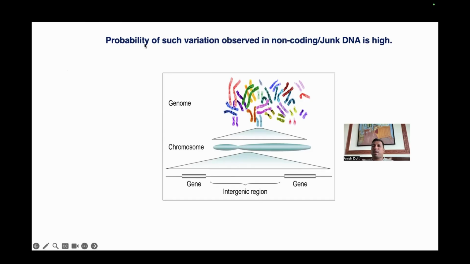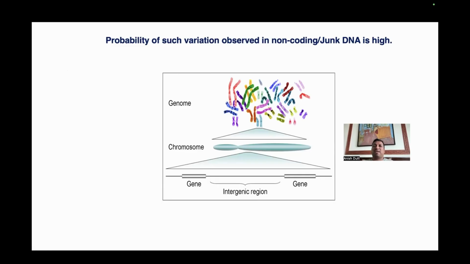Let me tell you that the probability of such a mutation being observed in non-coding or junk DNA is very high. You know why? Because if mutations or variations take place in the gene, they obviously affect the phenotype, and when they affect the phenotype, sometimes it may end up with the individuals losing their reproductive ability. Sometimes it may even threaten the existence of such an individual.